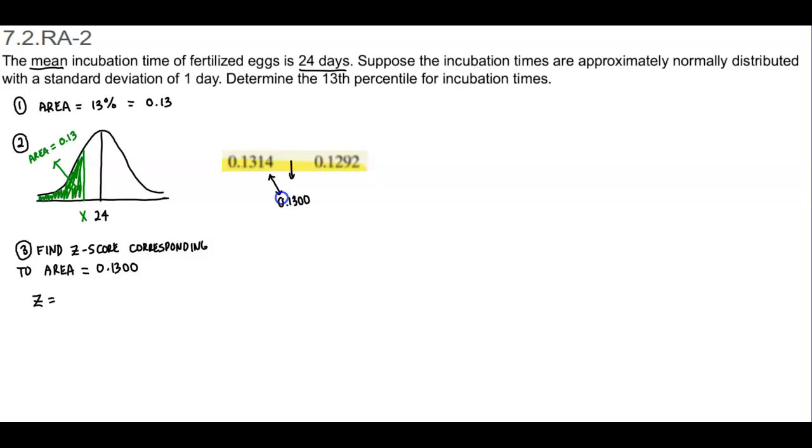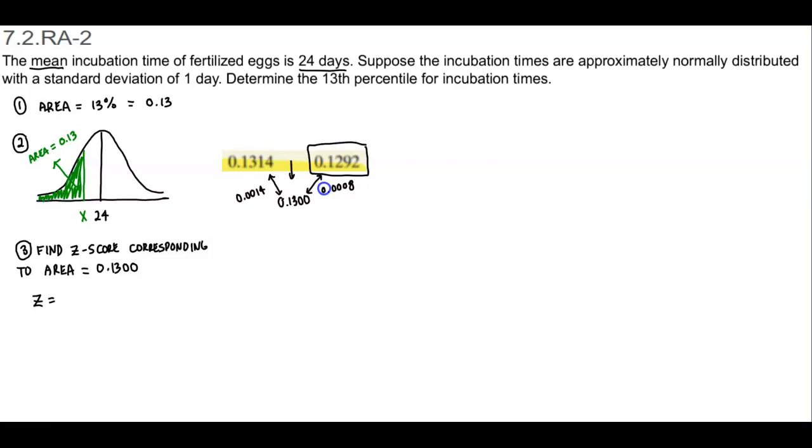Well, if we take 0.1314 and subtract 0.1300, the difference there is 0.0014. And then what is the difference between the other two? The difference between those two is 0.0008, which means it's closer to this value here.